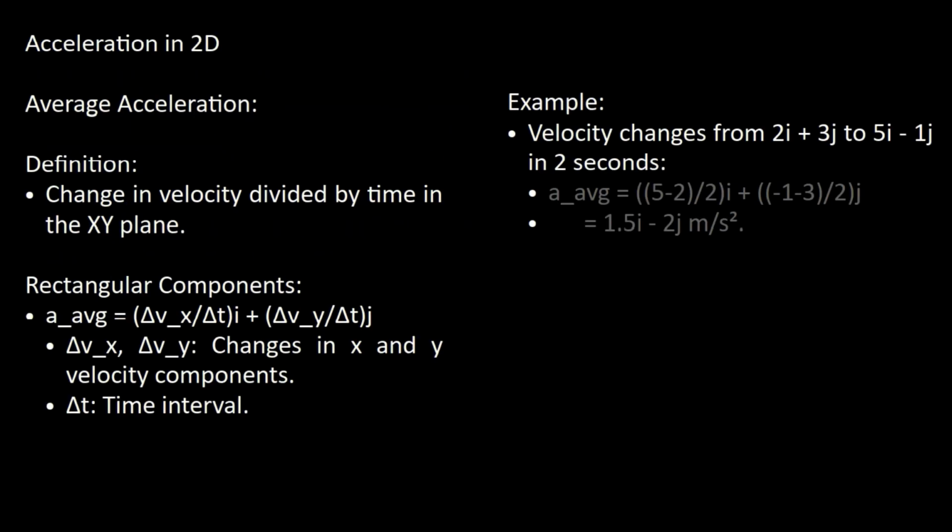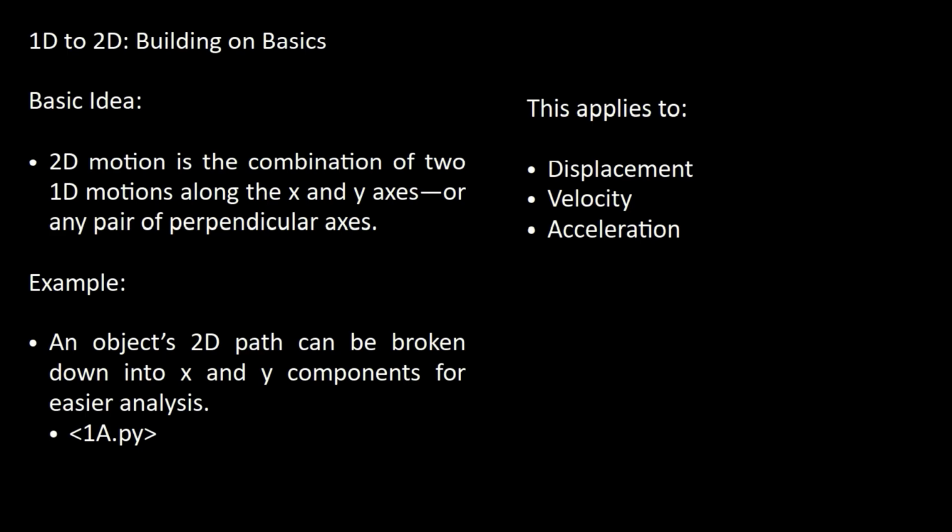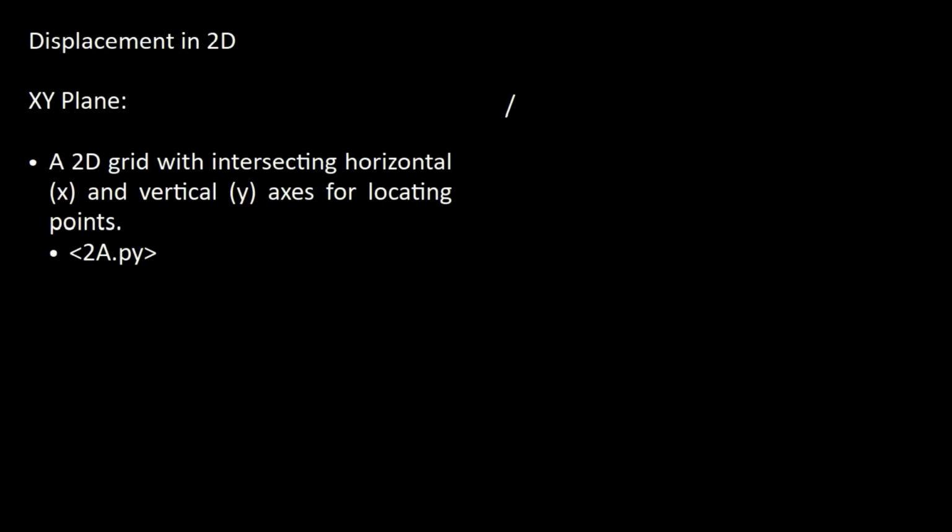So we just got introduced to the entire chapter. Literally. We started off the chapter by looking at the key idea, that is to break things up and then start looking at each axis part by part and combine them, end of it. So this also was applied to your displacement.